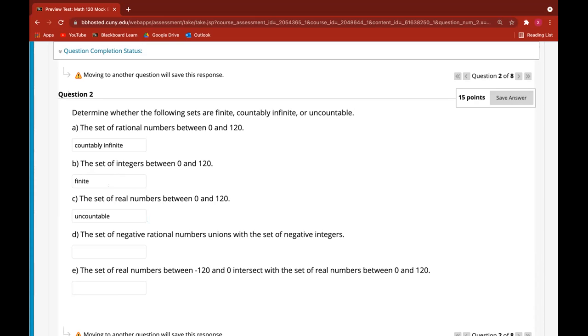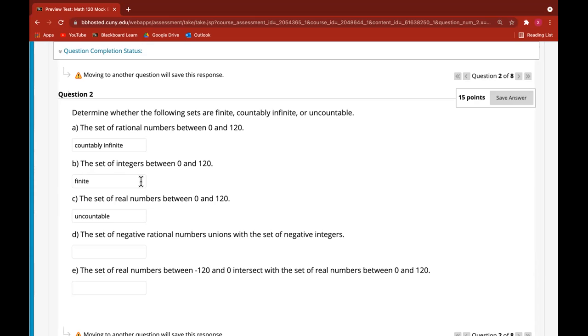Okay, I see people asking about the rational numbers between 0 and 120. Well, we know a rational number can be written as an integer over an integer.